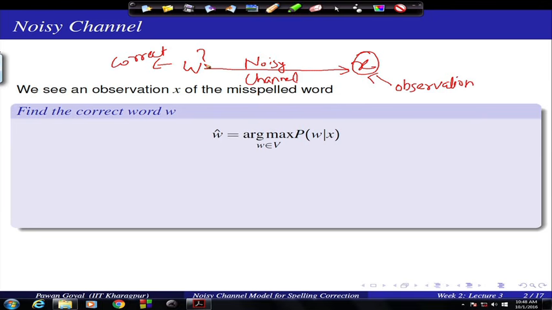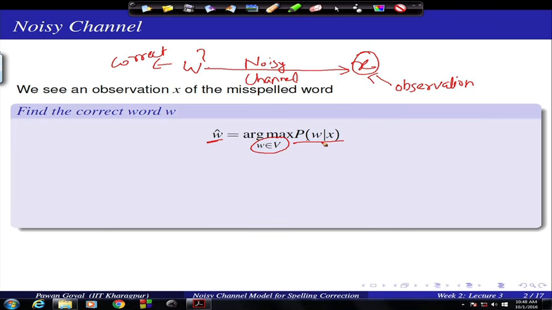Now among those, which one is the most likely candidate? Okay. So in terms of the noisy channel model, what is the W from which X has been written? So misspelled, and we wrote X. So in terms of the noisy channel model, I want to find out the W hat that gives me the maximum probability P(W|X) among all the possible words in my vocabulary, or it can be in my set of candidates. What is the word that gives me the maximum value for P(W|X)?